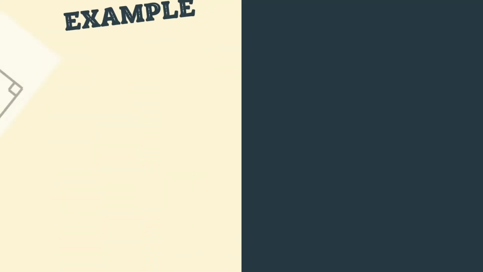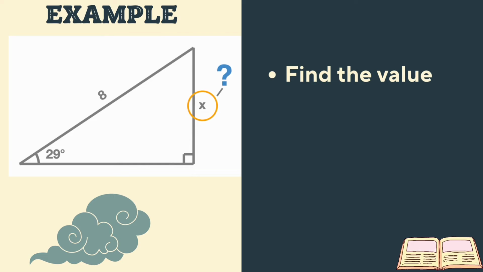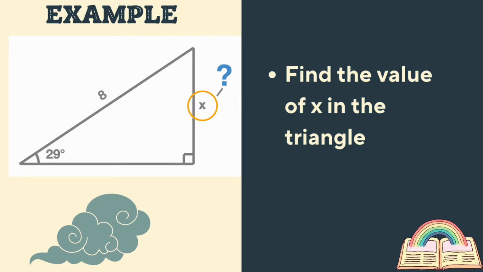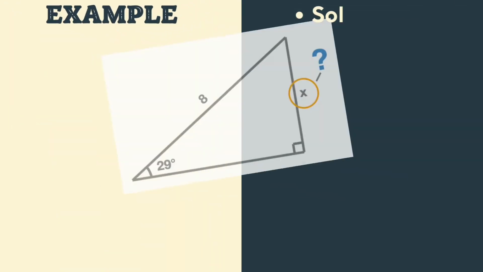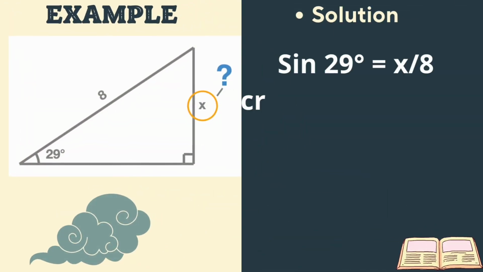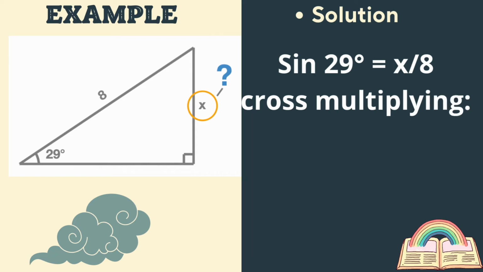Let us consider our first example. We are told to find the value of x in the triangle that you have on your screen, where the triangle is a right-angled triangle, and we are asked to find the value of x. To find the value of x, we are going to use sine, because we are looking for the opposite while we were given the hypotenuse.